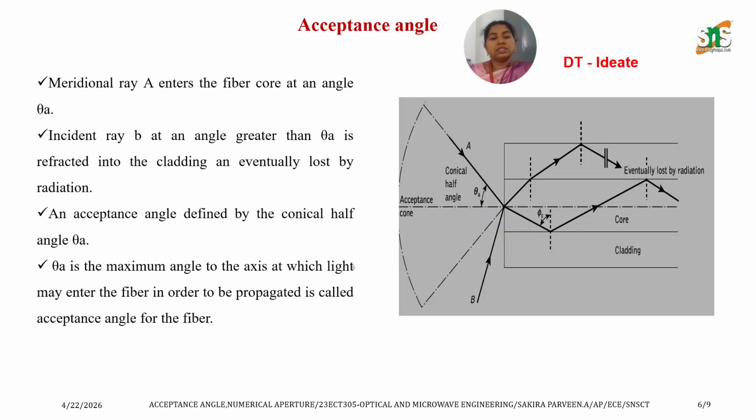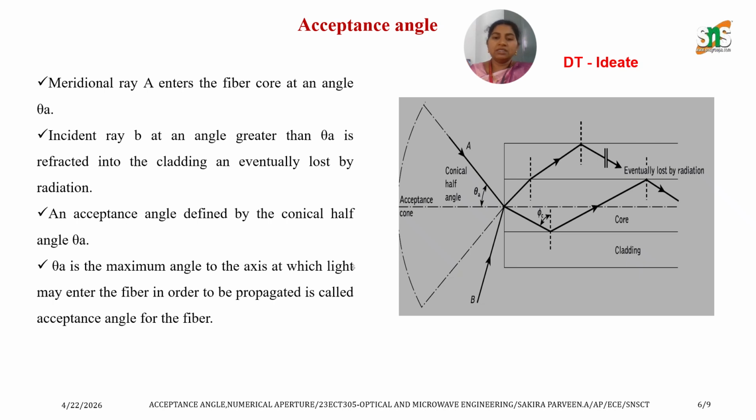The first one, total internal reflection, I have told you, and next is the acceptance angle. Acceptance angle means the angle at which the ray should be propagated in the optical fiber. The ray should be propagated only in the core part, not in the cladding part. When you choose the angle, the ray should be concentrated on the core part, not the cladding part. That angle is said to be the acceptance angle.